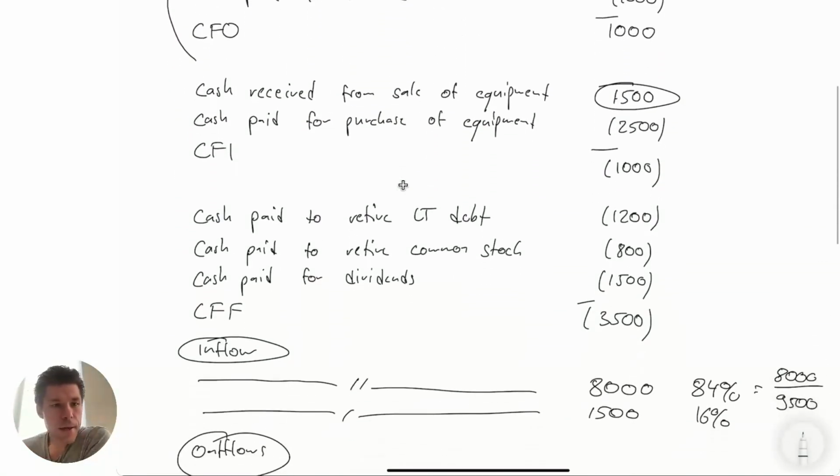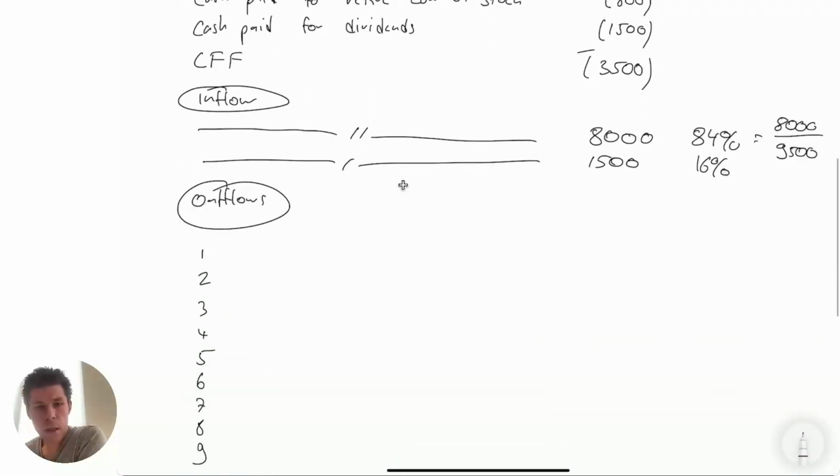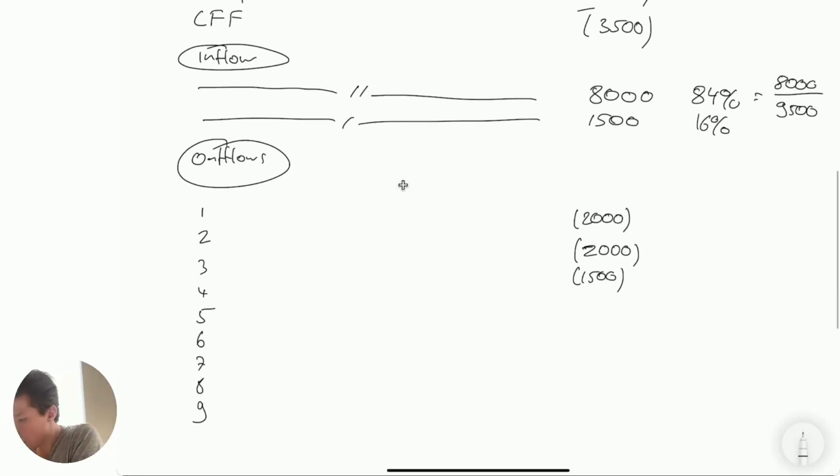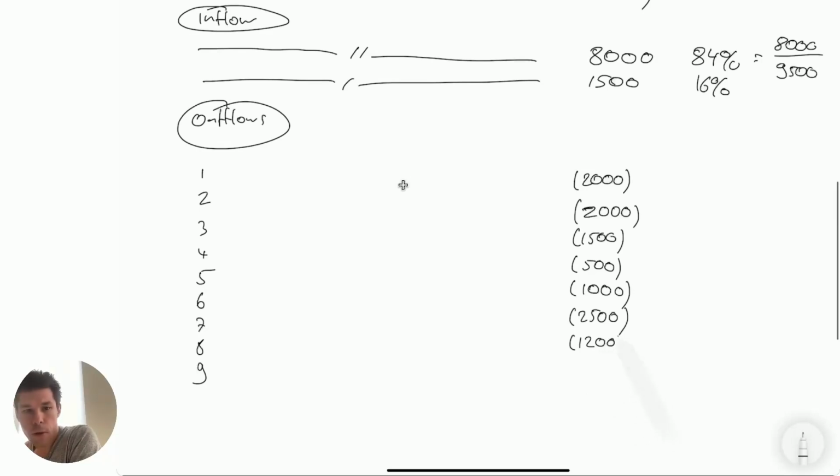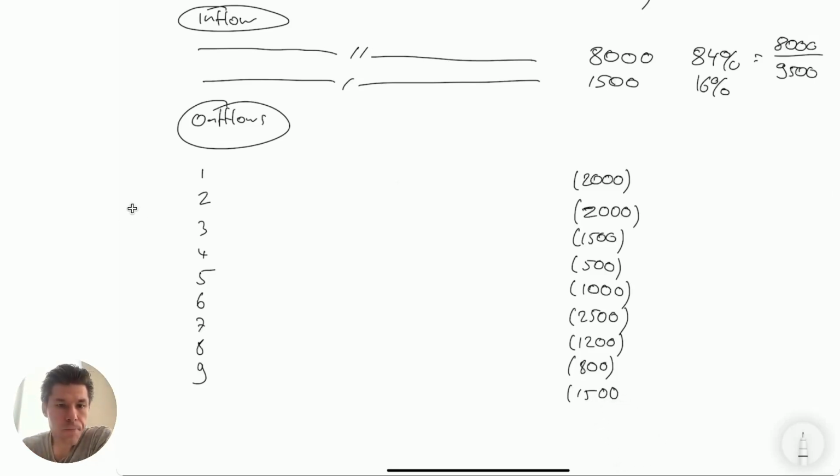If we start again, outflows: minus 2,000, minus 2,000, minus 150, minus 500, minus 1,000, minus 2,500, minus 1,200, minus 800, and minus 1,500. So you have all those items.